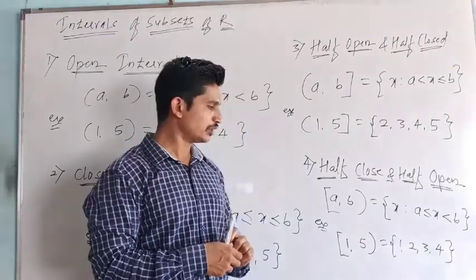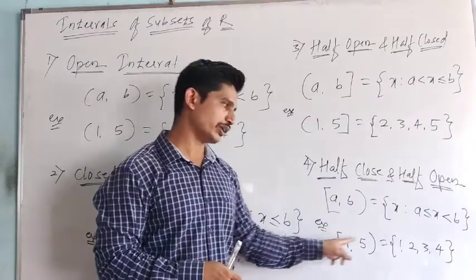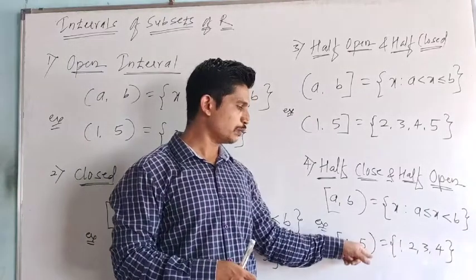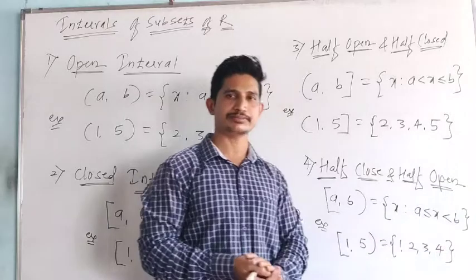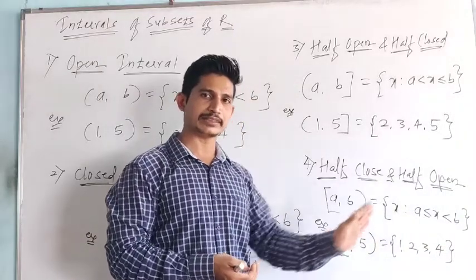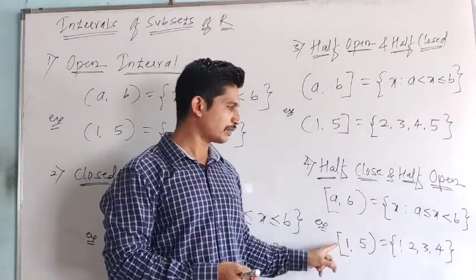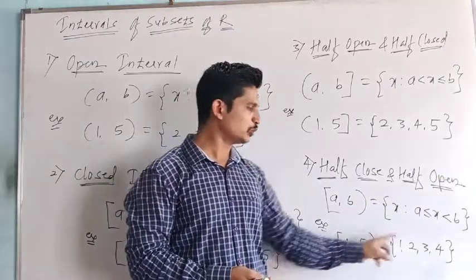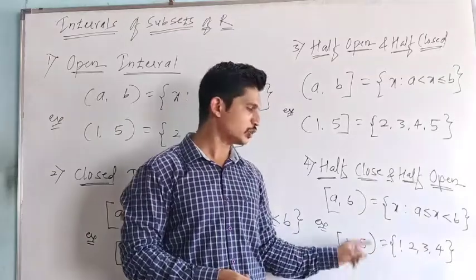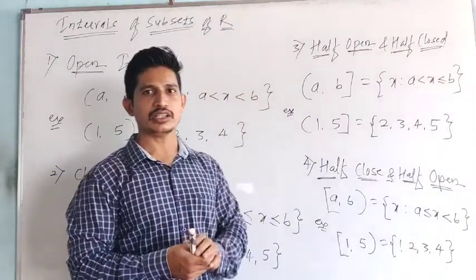So whenever there is a closed bracket, the boundary point will come. Whenever there is an open bracket, the boundary point will not come. So if I take 1 and 5, half closed and half open, 1, 2, 3, 4 will come. 5 will not come because this is the open side.